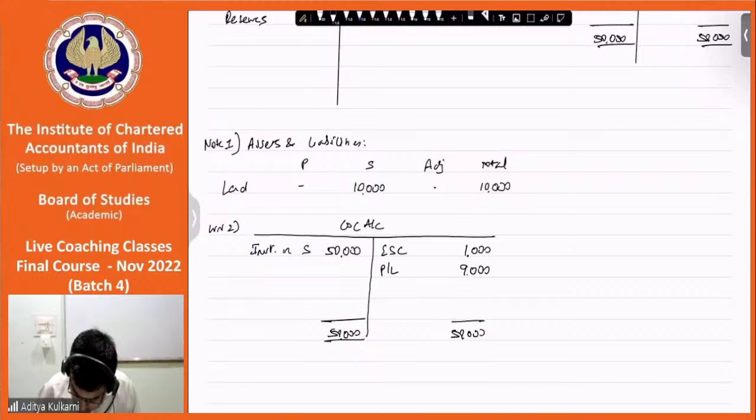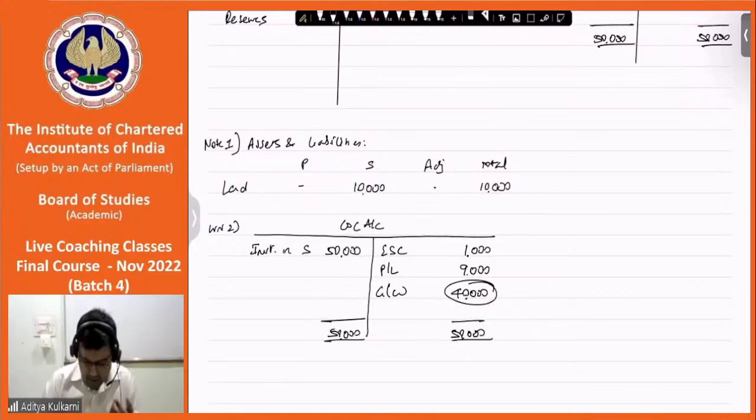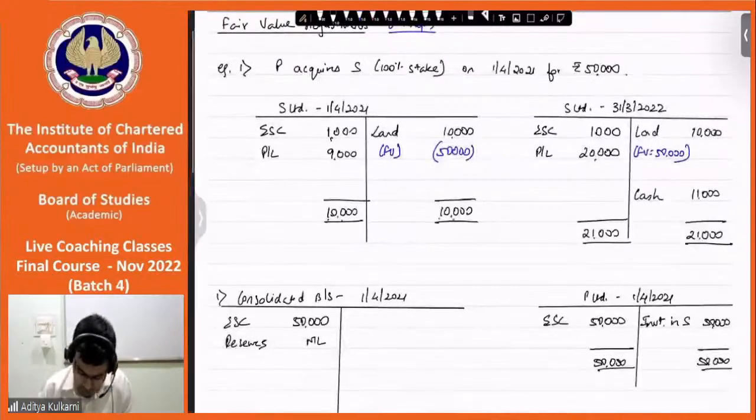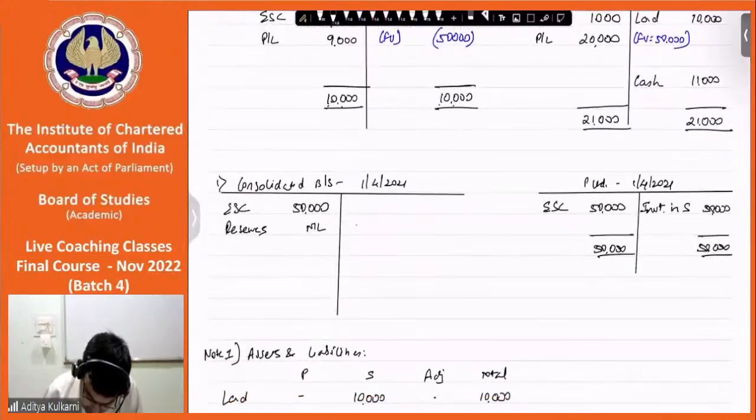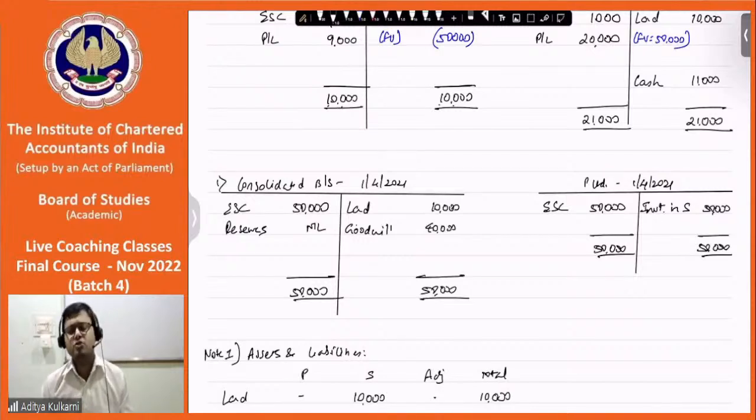I will be left with a balancing figure of 40,000, which I call goodwill. So here I will have my assets, land at 10,000 and goodwill at 40,000, and that completes my consolidated balance sheet of 50,000. Is it okay? So this is how the story would go.